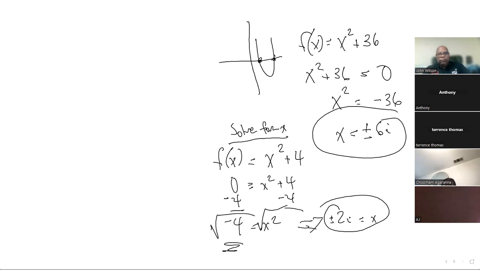Here's one here. F of x is equal to, let's make it interesting. 2y is equal to, what I want to do here.